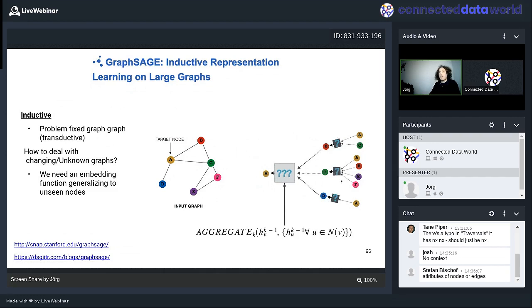So this is kind of a limited set. And so if we want to predict a new node, we need to sample this neighborhood and then apply our learned aggregation function. So the model which is learned by GraphSAGE is this aggregation function here. And this can then be applied to unknown or changing scenarios without having to touch the entire graph. So it works on a pretty local part of the graph.